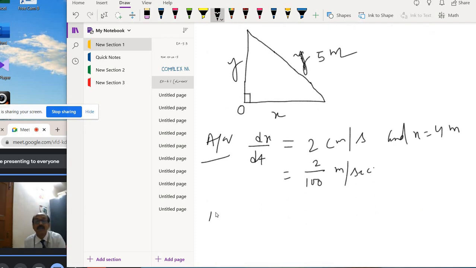Now apply Pythagoras theorem: x square plus y square equal to 5 square.